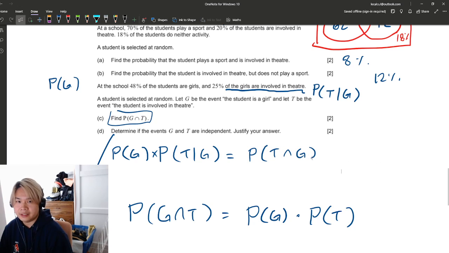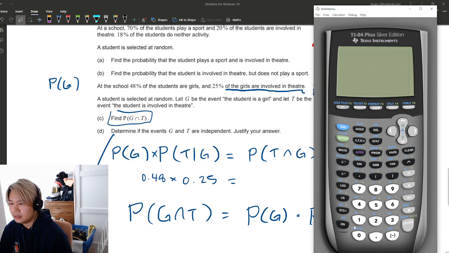Yeah, to figure this out. All right, so then that's as easy as doing 0.48 times 0.25. And then you'll get whatever this should be.